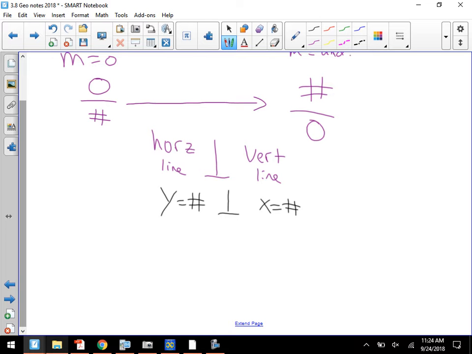Horizontal lines. What's parallel to vertical? Vertical lines. Okay, it sounds silly, but that's all it is. So we have to remember that y equals a number is always parallel to any other y equals a number. And x equals a number is parallel to every other x equals a number. The reason why I'm writing it like this is a bit of a shortcut.